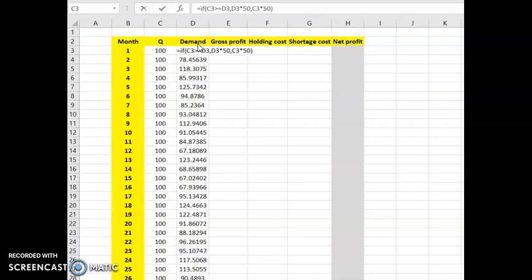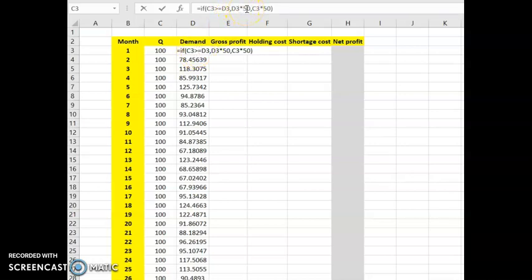How many items are they gonna sell when Q is greater than demand? They are gonna sell demand. That is D3. So if Q is greater than demand, they are gonna put D3 times 50.